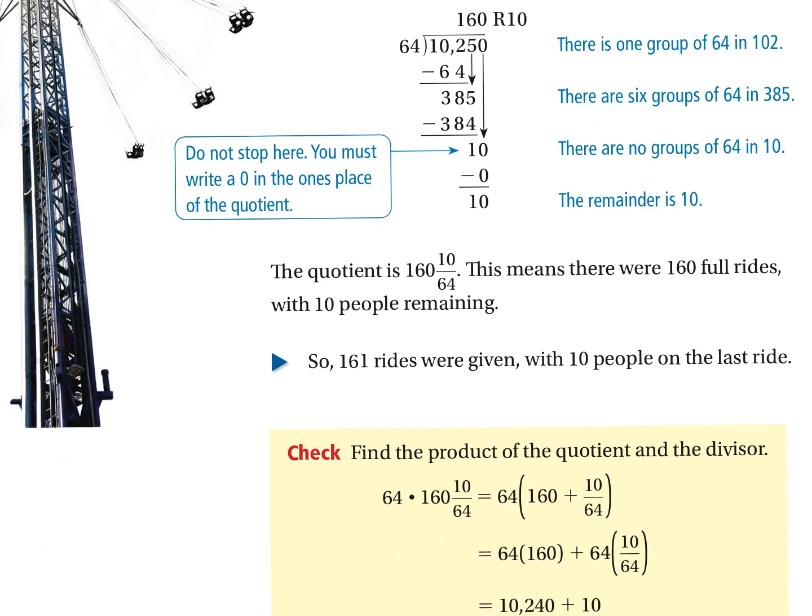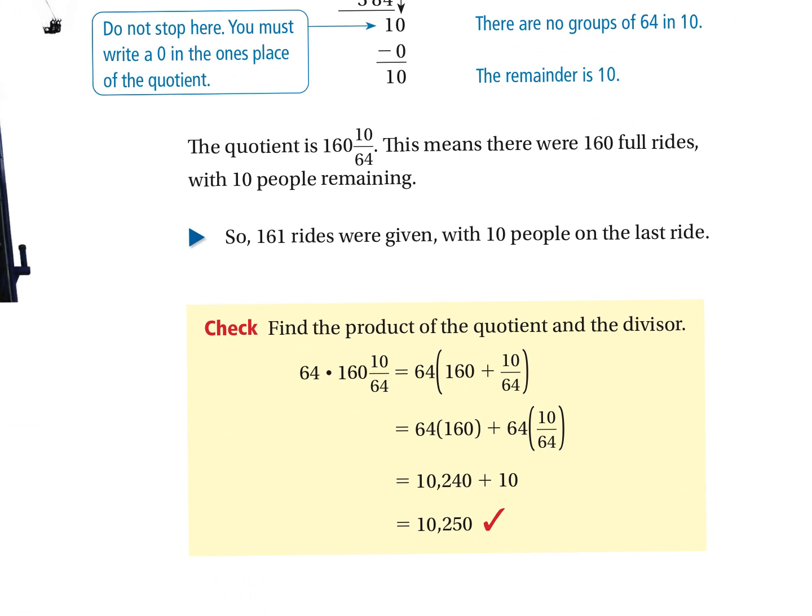So if I was answering the question, 161 rides were given, 10 people rode the last ride. Then to check it, you multiply your quotient of 160 times the divisor. You end up with the dividend by adding those 10 extra people at the end.